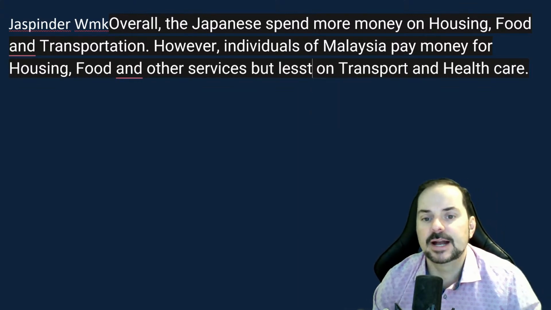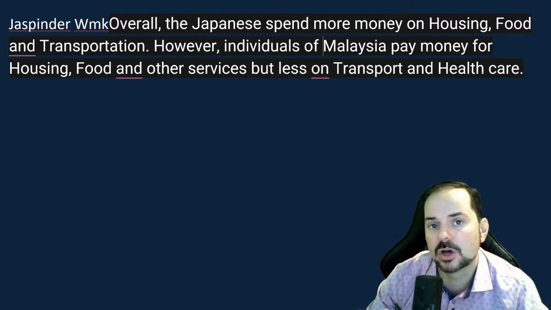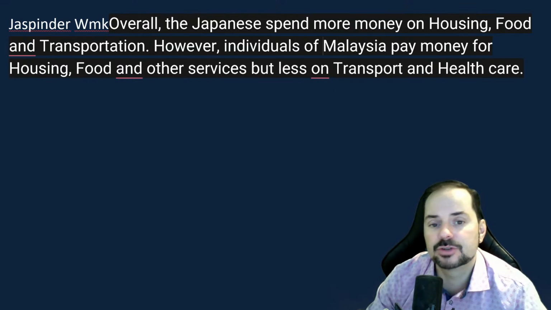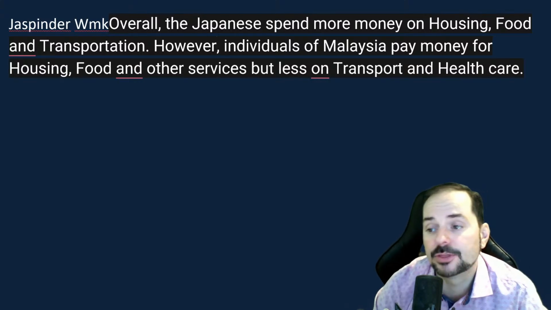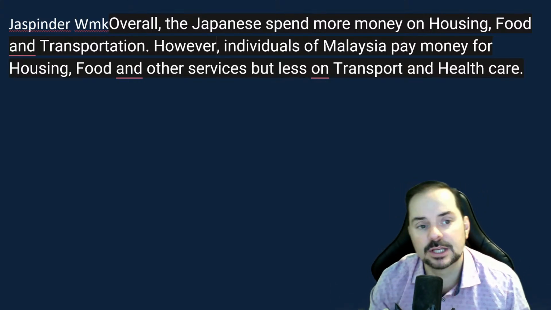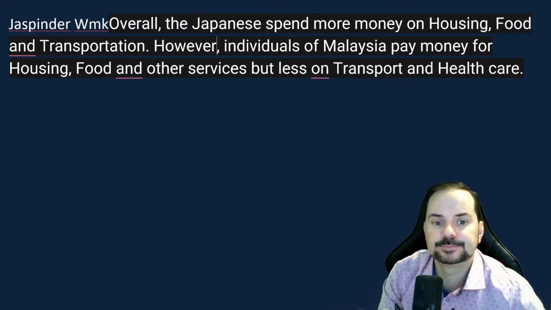I don't think the however is accurate because it's not opposite. Both countries, they spend a lot on housing and food. Okay. So, however, is not the right way to join it. It's confusing, Jaspinder. You have to be careful about that.